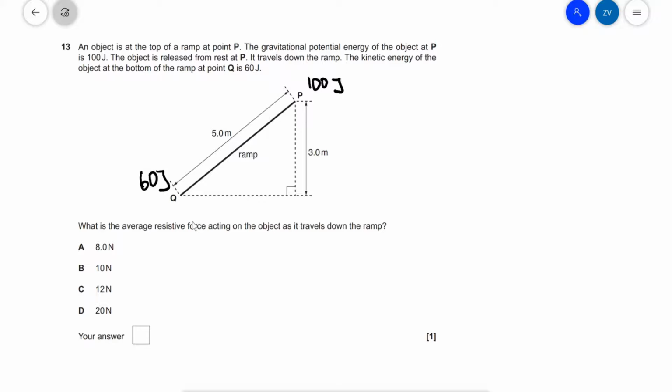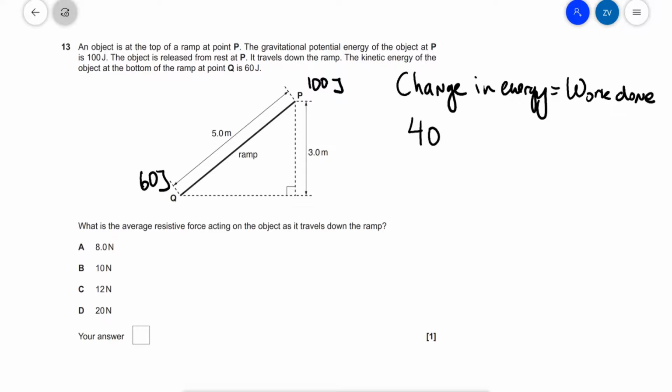We know that the change in energy is going to equal the work done. Now a change in energy in this case is equal to 40 joules, and the work done is force times our distance traveled in the direction of the force, and we know that this distance in this case is 5 meters, and the resistive force is going to act along this ramp.